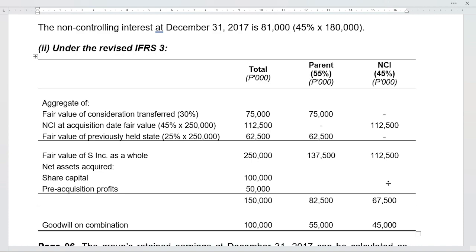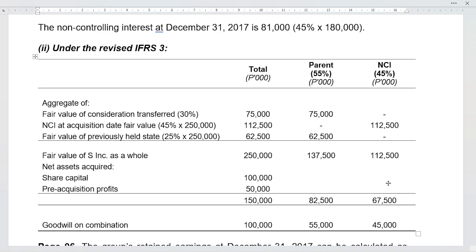Okay, dealing by that, ina-acquire natin dito yung ordinary share ni S company. Saan nakuha yung 250? 45% of 250,000. Sir, ayun po ba yung total sa statement of financial position ni S company? Kung sa total niyang 250,000. Yun po kasi yung pagkakaintindi ko dito.